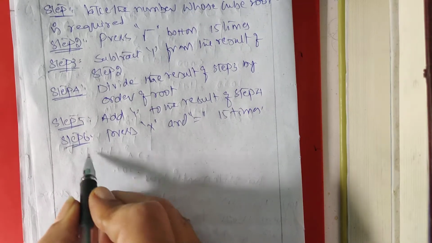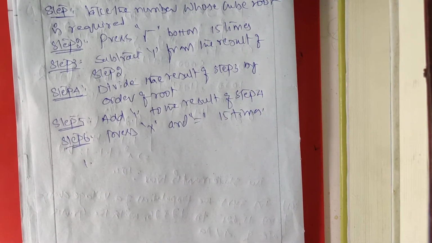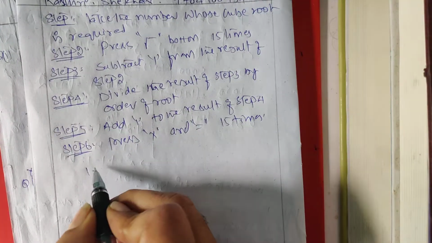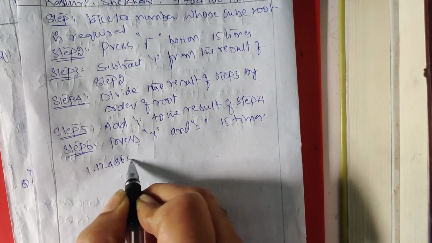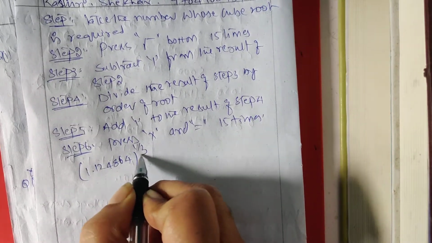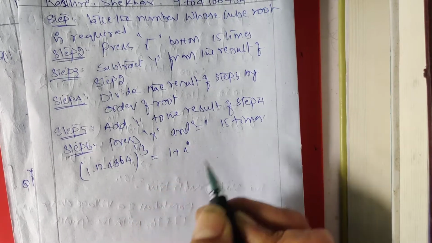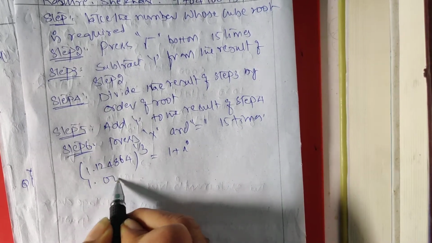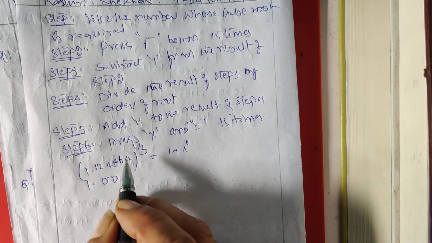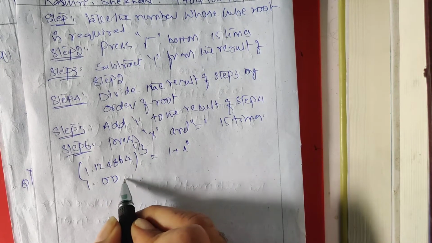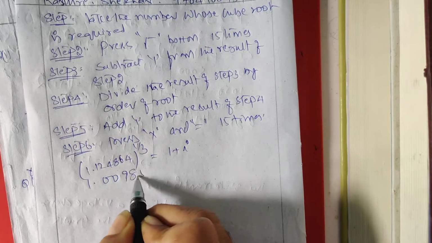So 1.124864 to the power 1 by 3 is equal to 1 plus i, 1.009853.